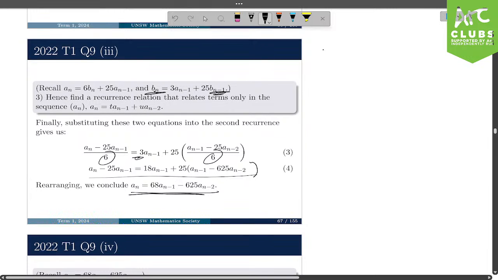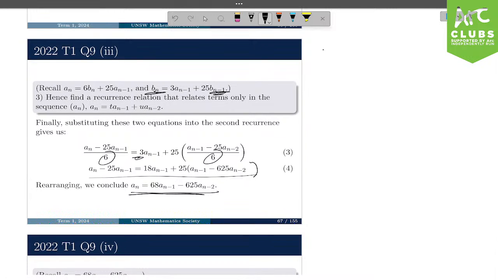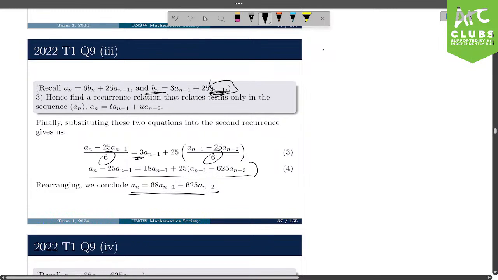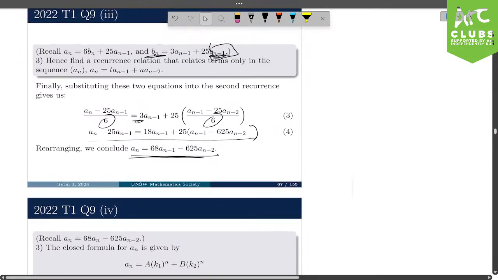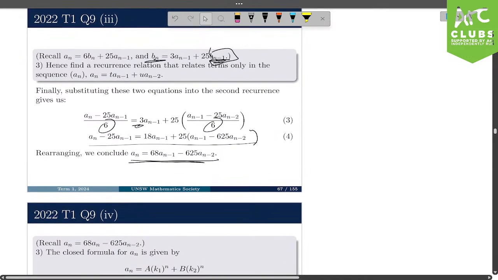Hopefully the algebra wasn't too bad. Again, we want everything in terms of an only, so we write bn in terms of an, reindex to get bn minus 1, multiply through by 6, and group terms. Cool. Makes sense? Any questions?